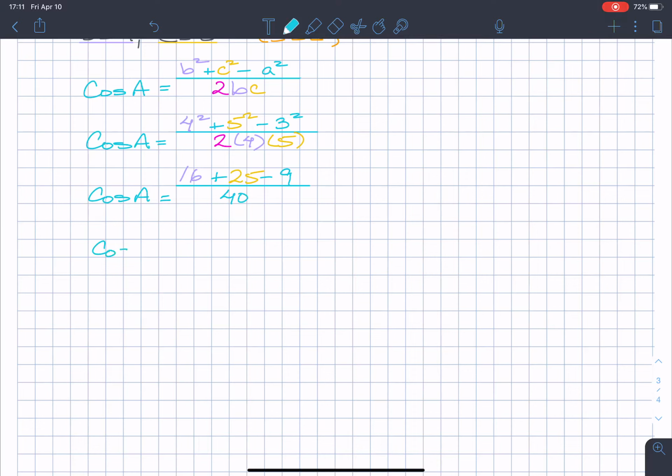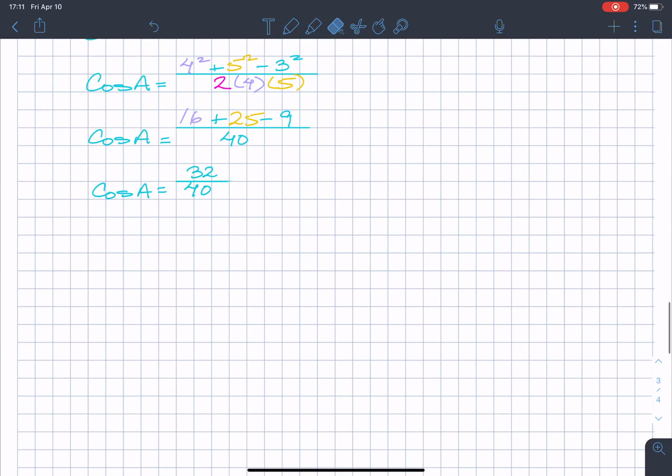So we have that cosine of A is the quotient. Well, 25 minus 9 is 16, so that's 32 over 40, but 8 goes into each of these. 8 goes into 32 how many times? 8 goes into 32 4 times, and into 40 5 times.